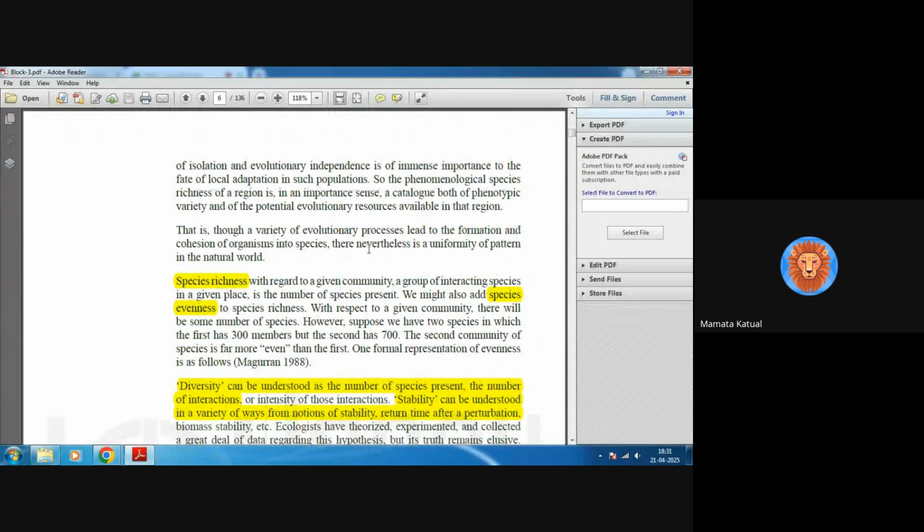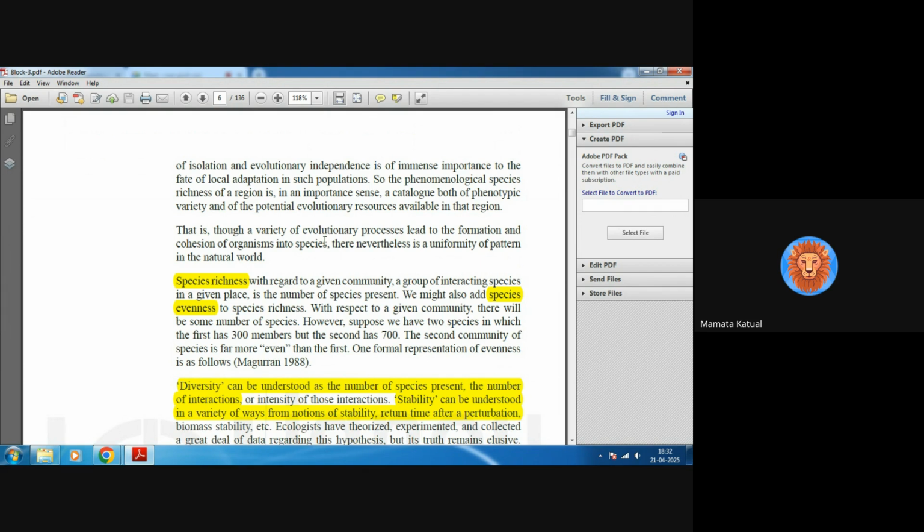So the variety of organisms which we find, or the biodiversity, is produced through evolutionary process, and it leads to formation and cohesion of organisms into species.